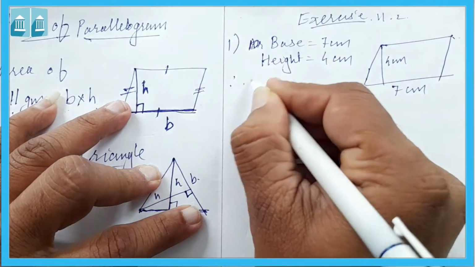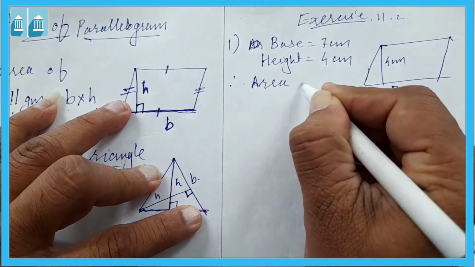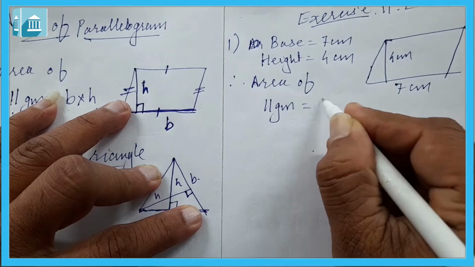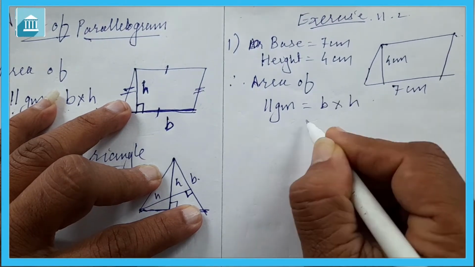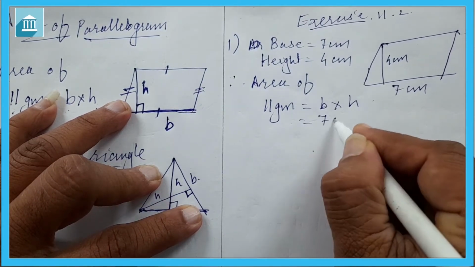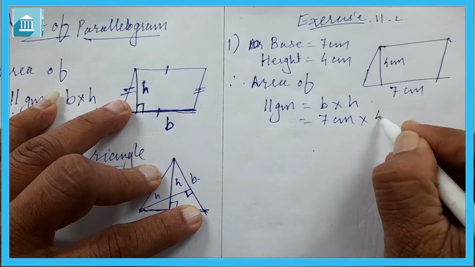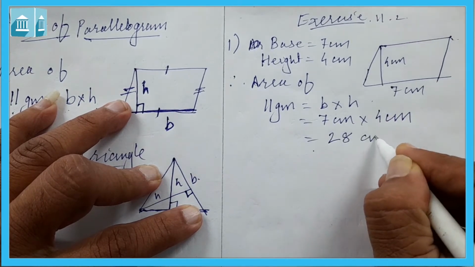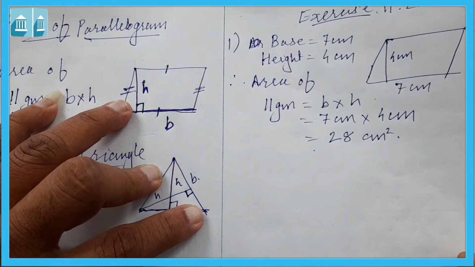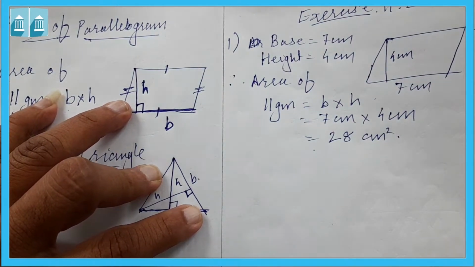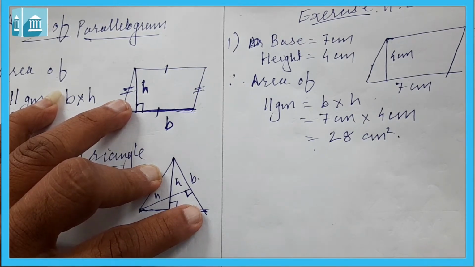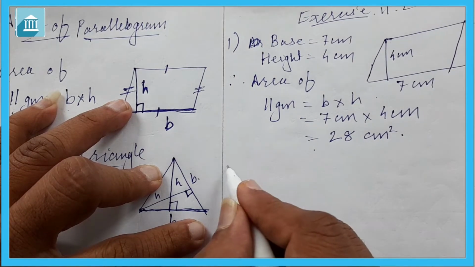Therefore area of parallelogram is equal to base into height, which is equal to 7 centimeter into 4 centimeter, which is equal to 28 centimeter square. So the area of this parallelogram is 28 centimeter square. The rest, B, C, D, E, you have to do the same way with the same formula. So you can do it by yourself.